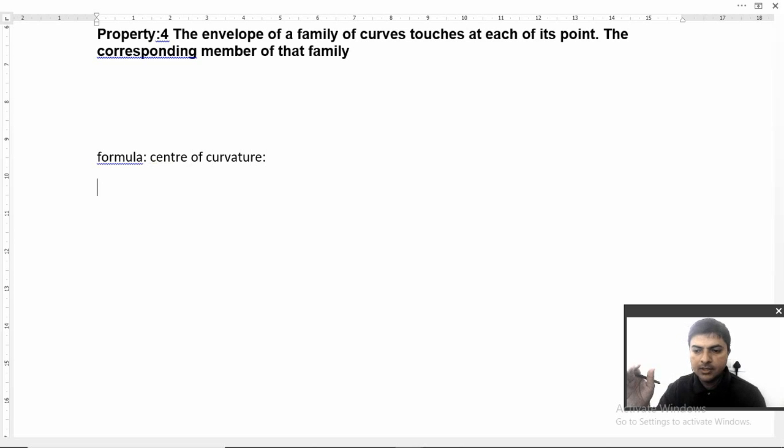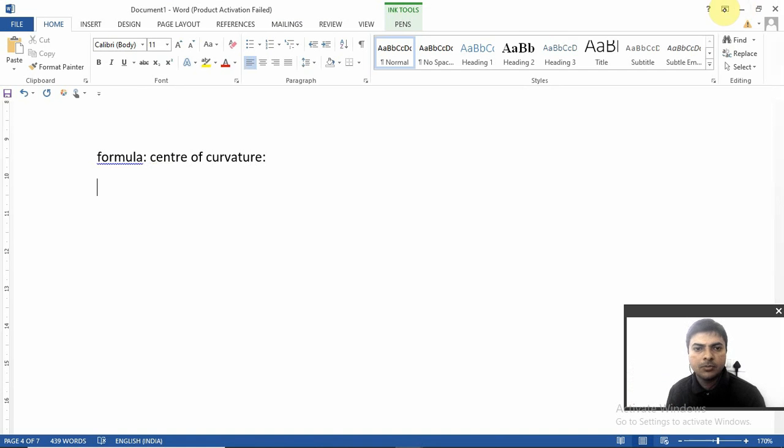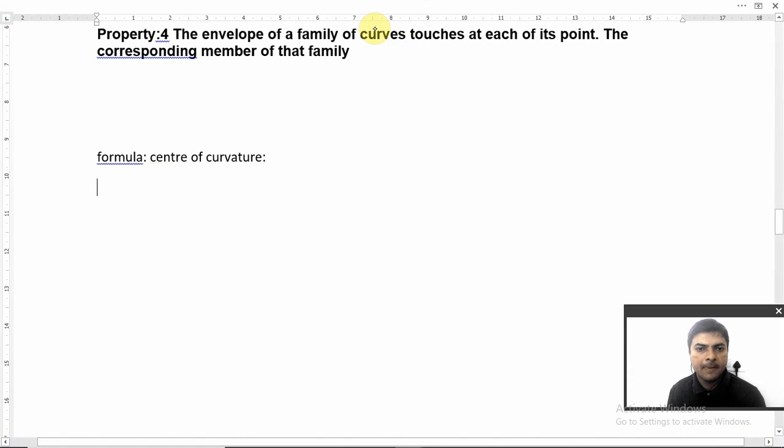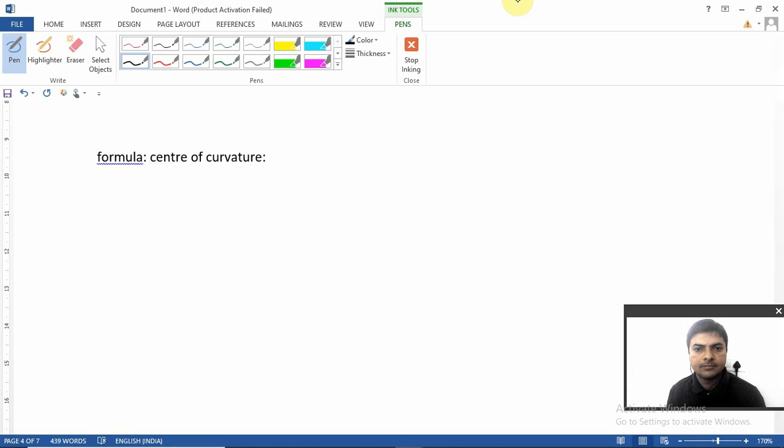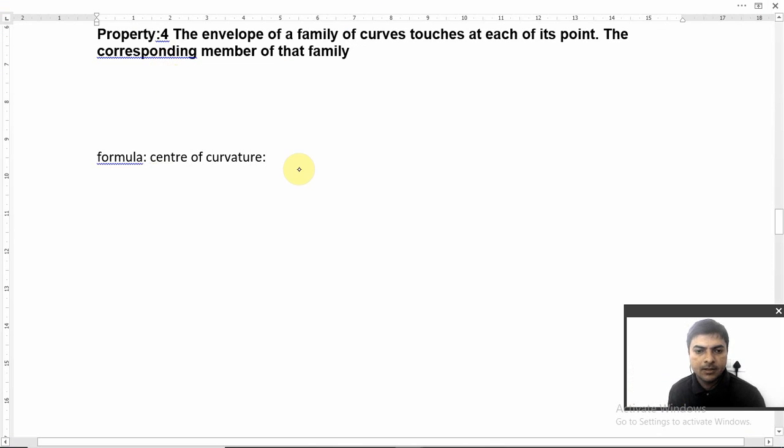The center of curvature is the locus of that point. So I take this locus of the point as (x bar, y bar). This is the locus of the point where we are going to find the center of curvature. Then you can easily find the center of curvature.